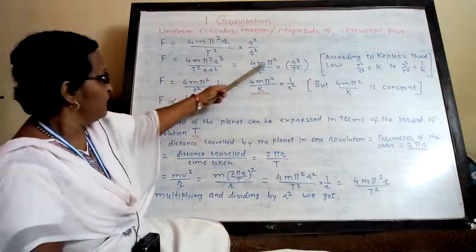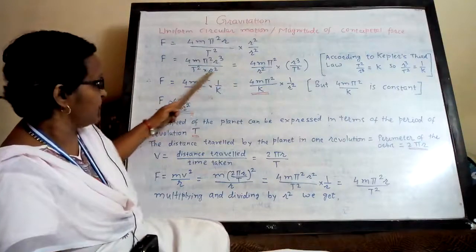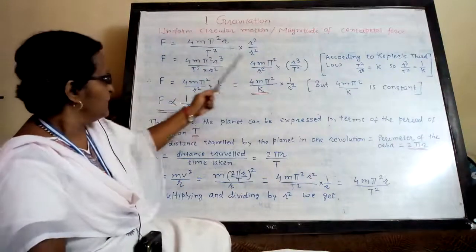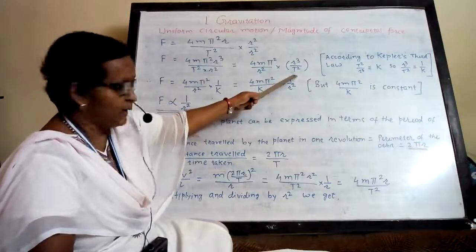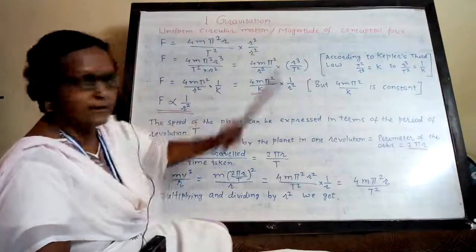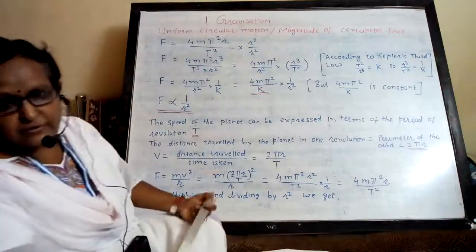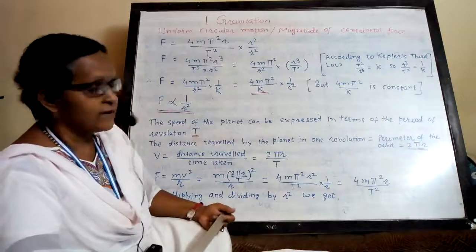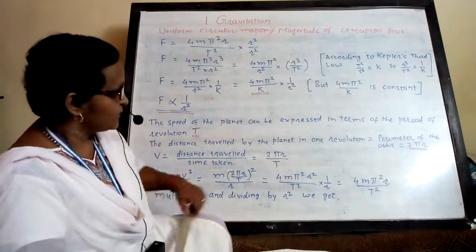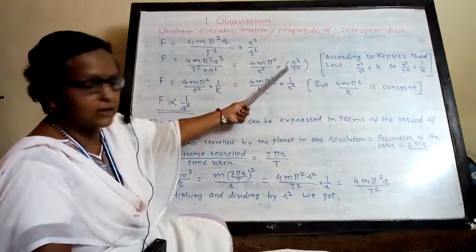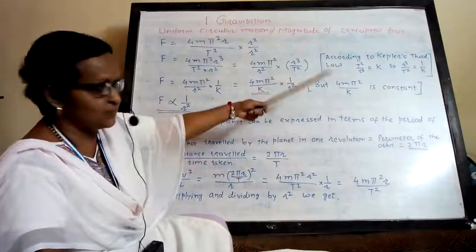Now 4m pi squared r squared I have written this way, and r cubed divided by t squared I have written this way. We saw yesterday Kepler's third law, where we considered t squared upon r cubed equal to k. But what we have got here is r cubed upon t squared, the inverse of that.